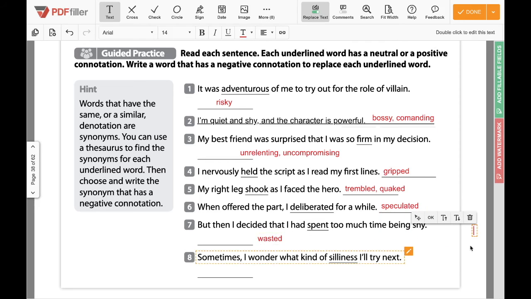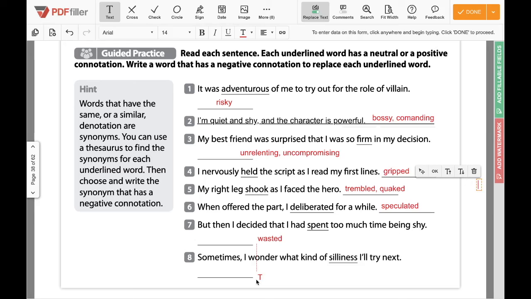Typically when you waste something, you were not using it for good. You weren't giving it the amount of attention that it needed, or you were giving it too much attention. So that would be a negative word for number 7. And again, you can come up with more than one. We don't all have to come up with the same answers for these types of things.